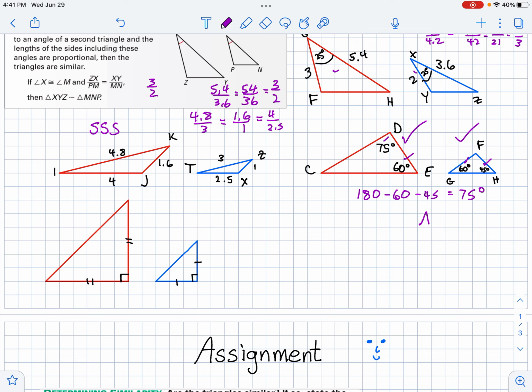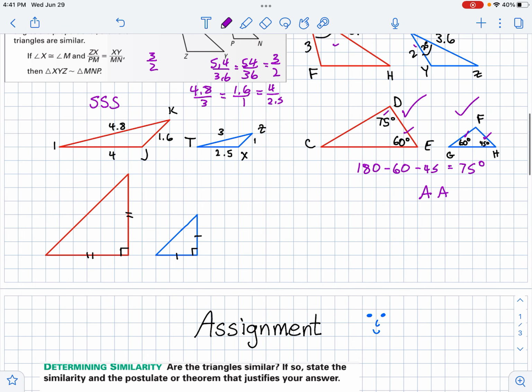So this is going to be angle, angle. Now let's look over here. This is side angle side, because notice that this and this are congruent. This and this are congruent. So this side divided by this side is the same as this side divided by this side. So we have side angle side. That's it.